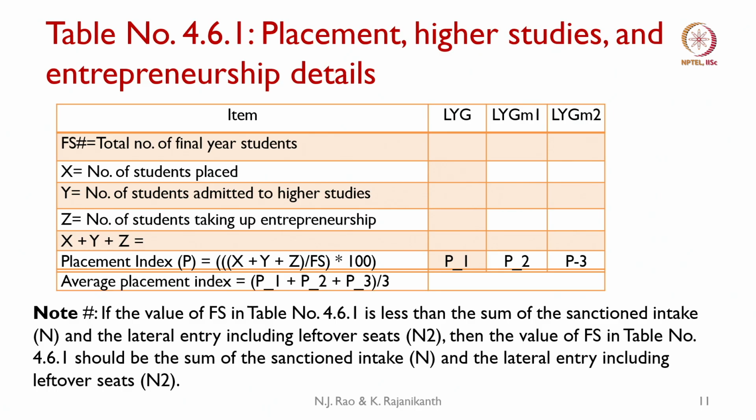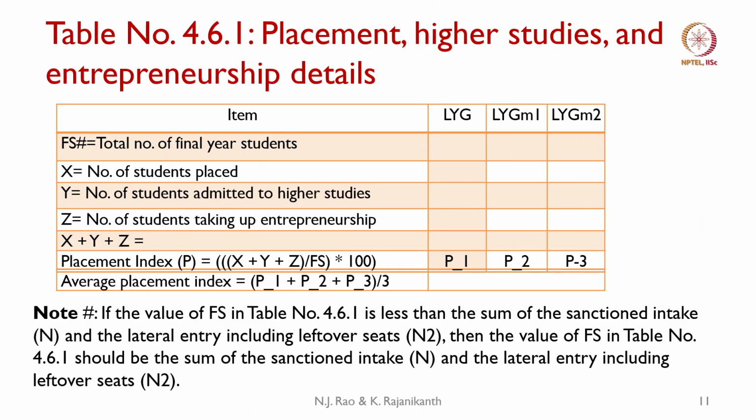You can see the total number of final year students is the first number, Fs. Then we consider the students who are placed, or who have taken up higher studies, or who are taking up entrepreneurship. Essentially these students have found either placement, or joined higher studies, or taken up entrepreneurship.